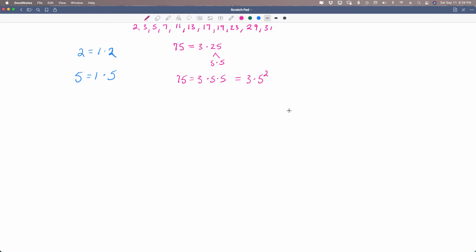Okay? So that is how you would factor a number to its prime factorization. You start at the lowest prime numbers and work your way up until you have it broken down as small as possible. All right, so let's do 33.1.